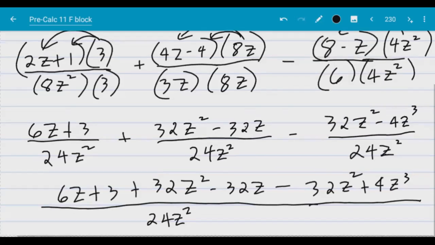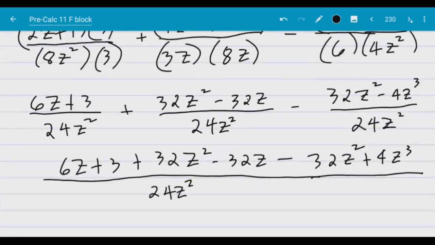Now, just carefully check again that you have the right numbers: cube minus 32z, 3. So which ones are like terms? Be careful, guys, they look almost the same. One thing that I did with Math 10, and I think I also told you in Math 9, is to identify the like terms by putting them inside a shape.